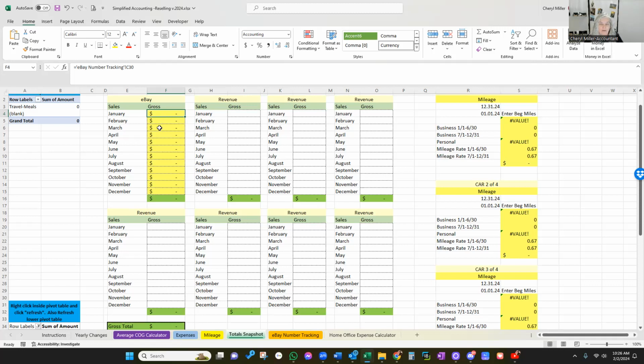Always remember, if you are selling on one of these platforms, that you need to grab your selling costs, and that would be the total number including your shipping, your platform fees, your promoted listings, your advertising, everything that the platform charges you.